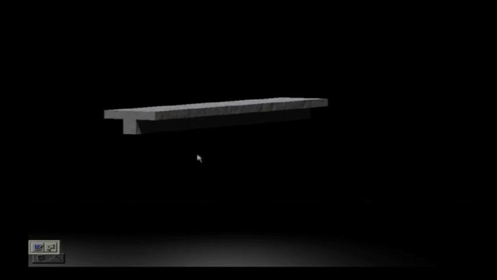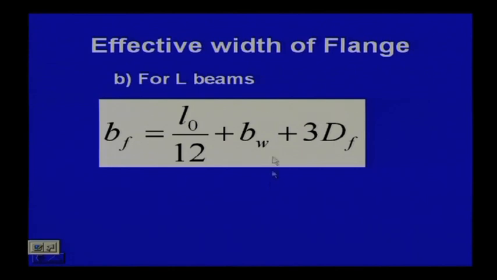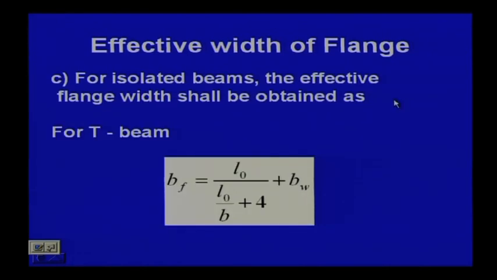Where shall we get it from? Already we have mentioned it for T beam. So, we shall use this formula if it is a T beam, and that is available in the code. If it is an L beam, then we shall use this one, and if it is an isolated beam, as per our code. For T beam we shall get this formula, and let me mention the other one for L beam.